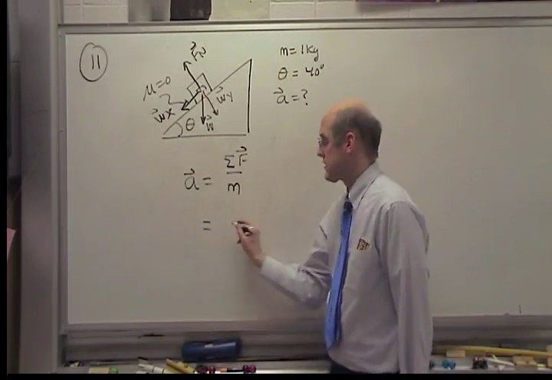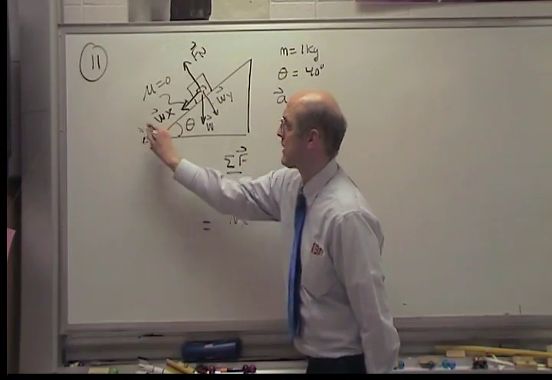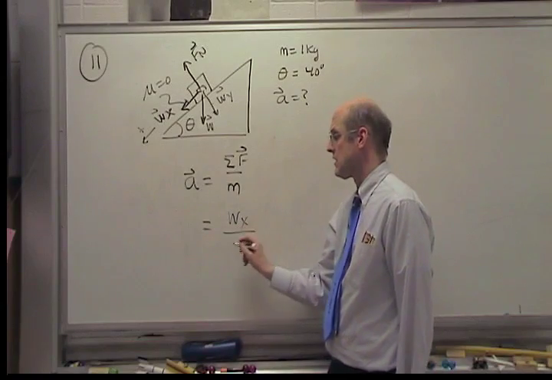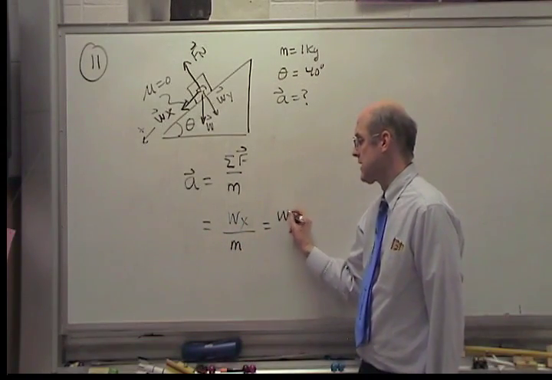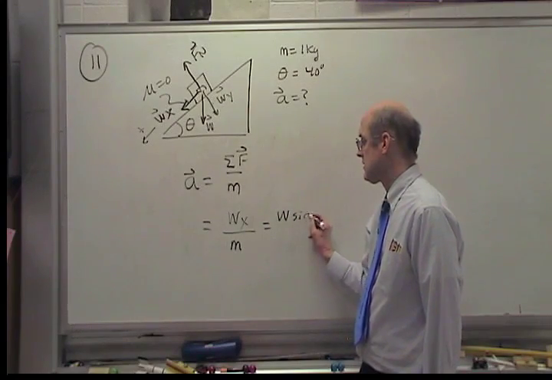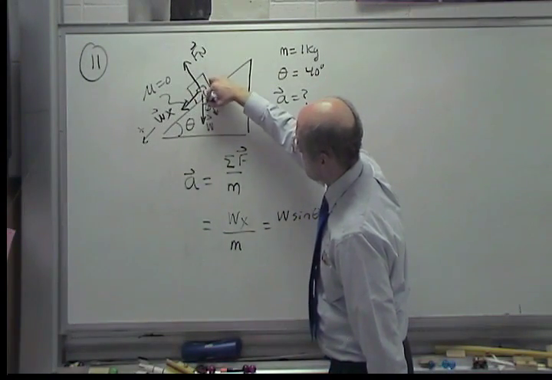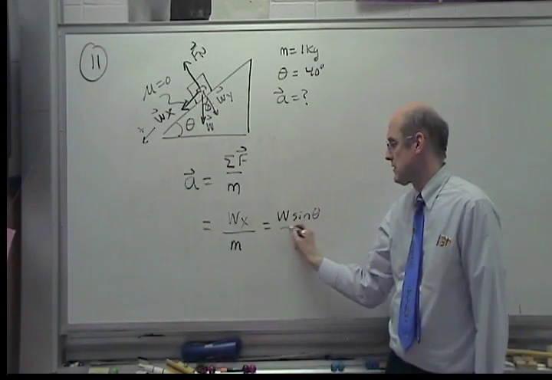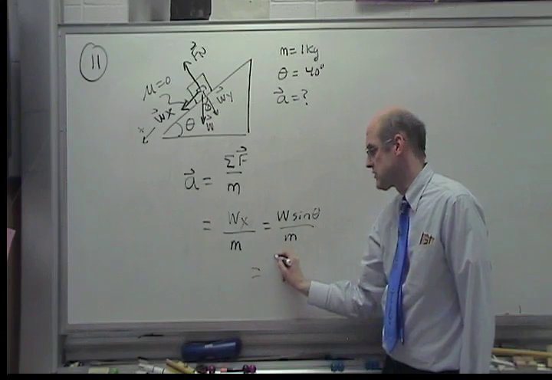So the net force then would be the weight x, and I'm going to call down the inclined plane the positive direction. So we have weight x over the mass. But weight x is equal to the weight times the sine of theta. Okay, here's the angle theta. This is also angle theta, divided by m. Newton's second law again, weight is equal to mg.